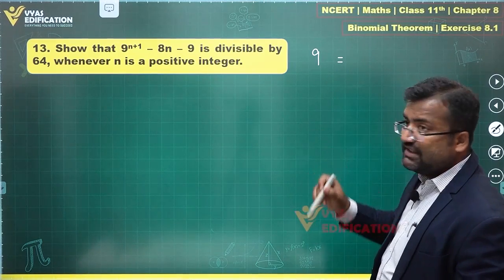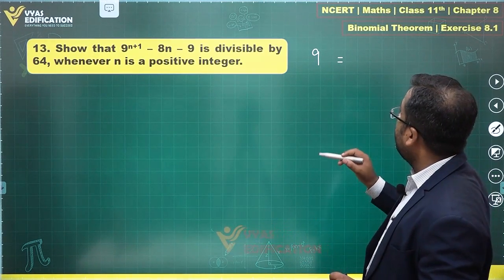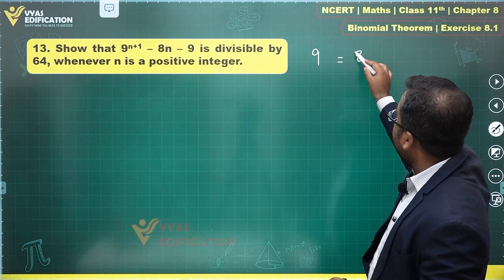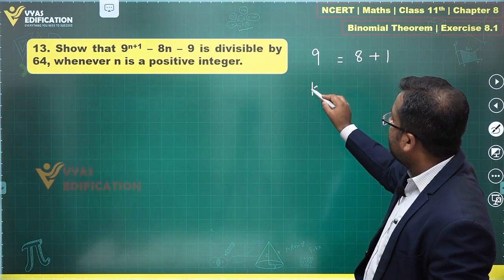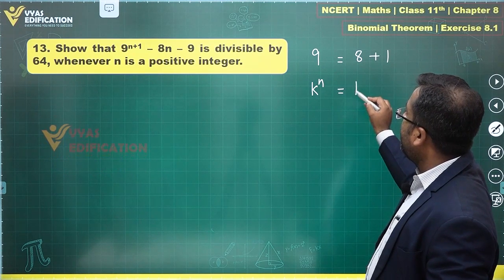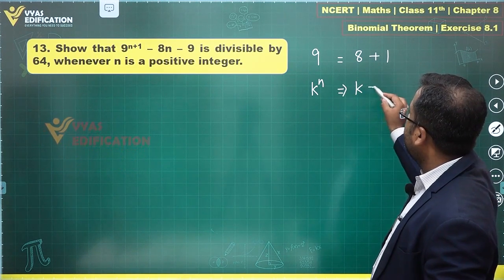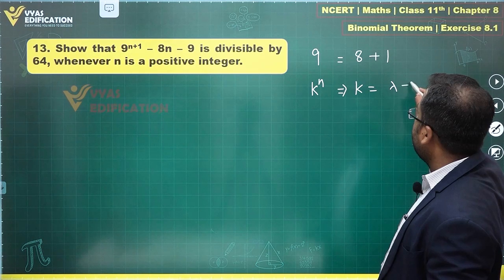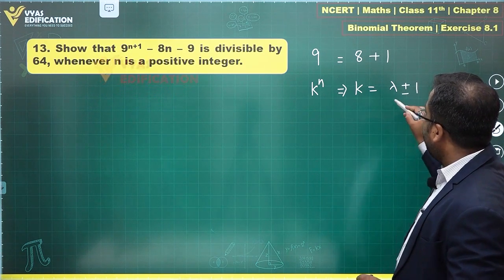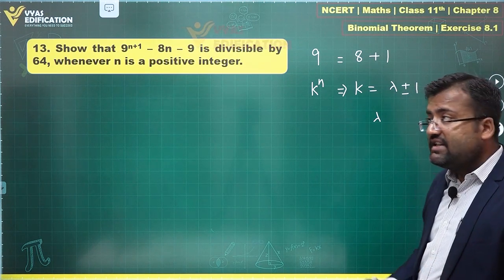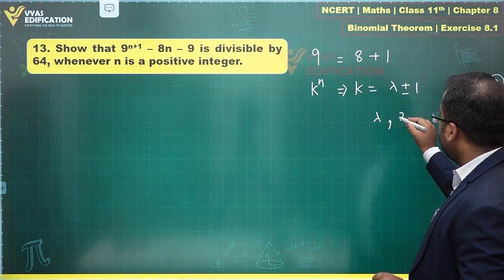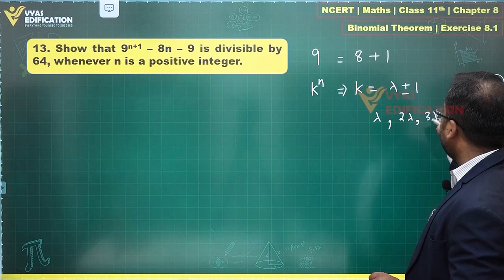So that divisor is important. 9 has to be written as 8 plus 1. In general, whenever you have k power n, k has to be written as something lambda plus or minus 1, where either lambda is the divisor, or 2 lambda, 3 lambda, etc.